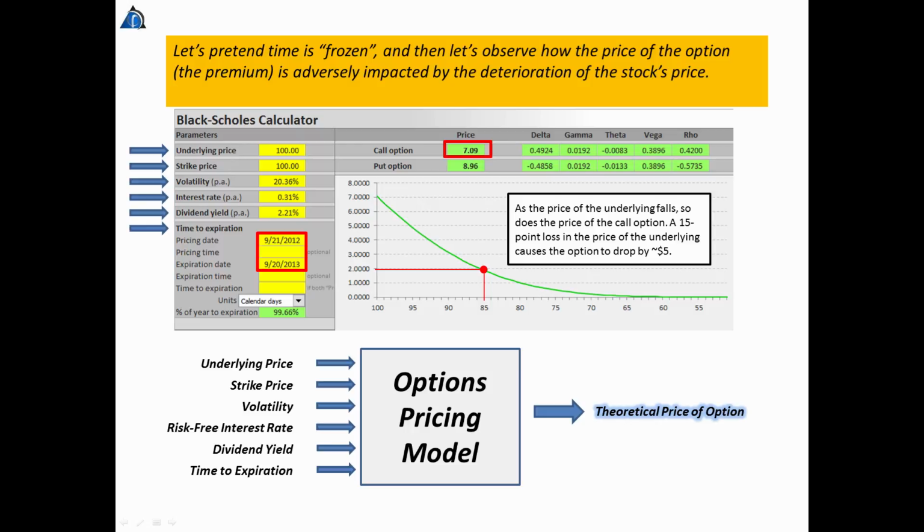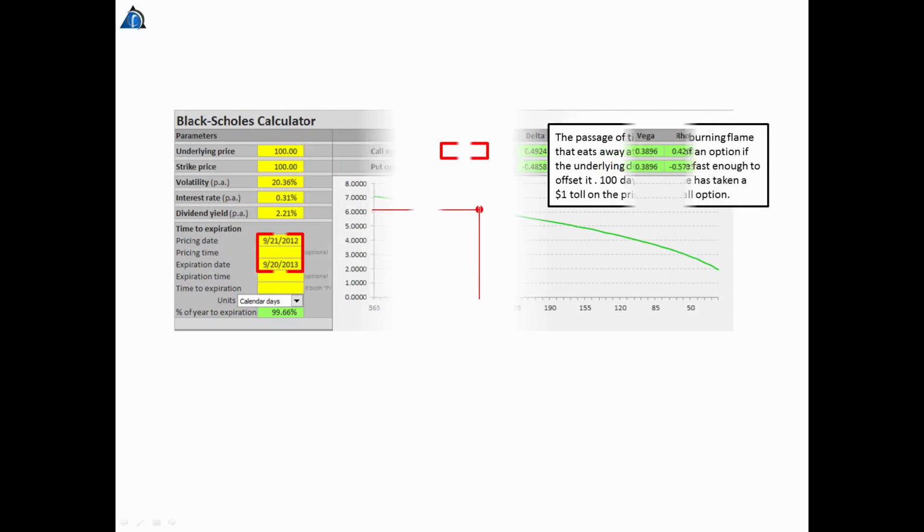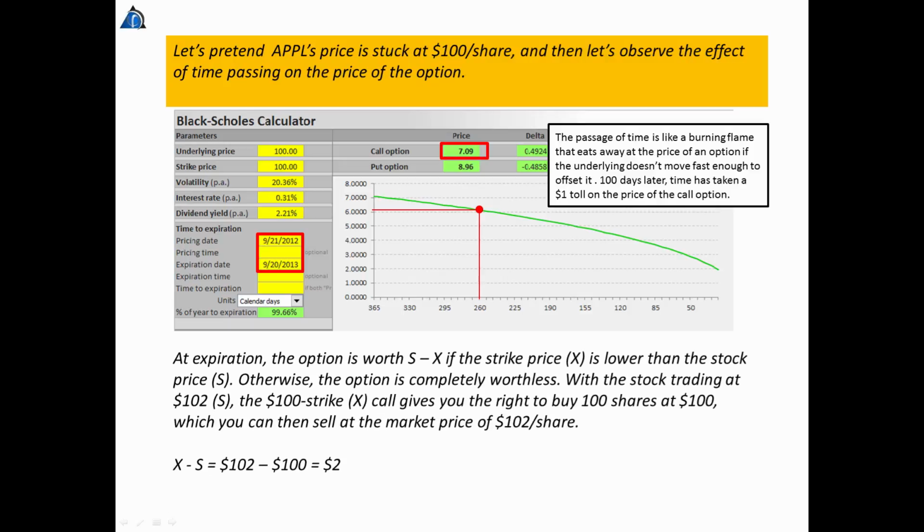Now, let's imagine a different scenario. Let's pretend to freeze Apple's price at $100 a share for weeks and months. And then let's observe how the passage of time is like a burning flame that eats away at the price of the option. The green curve in the bottom chart plots the price of the option versus the passage of time.